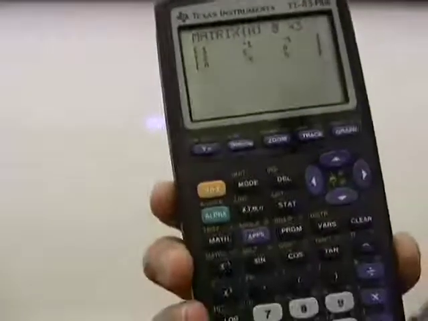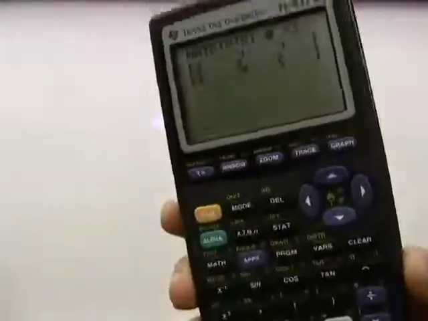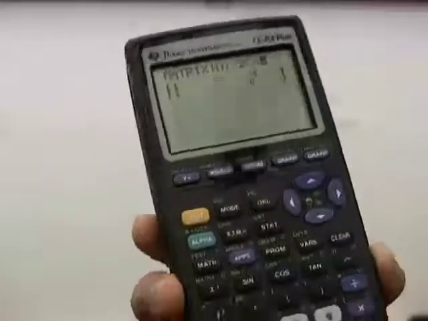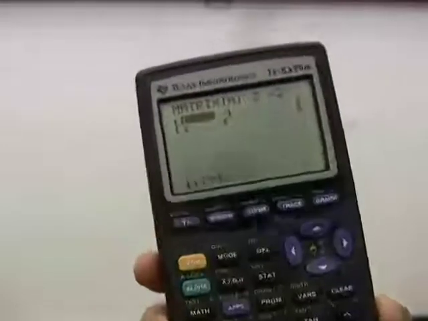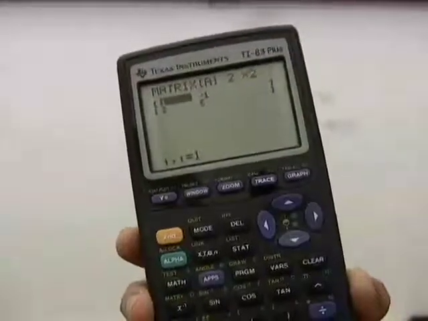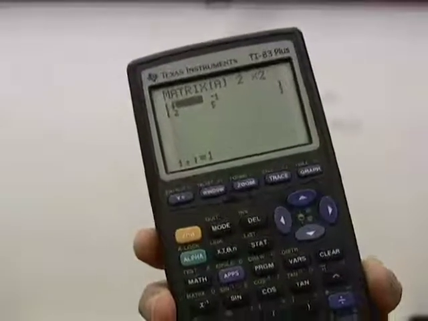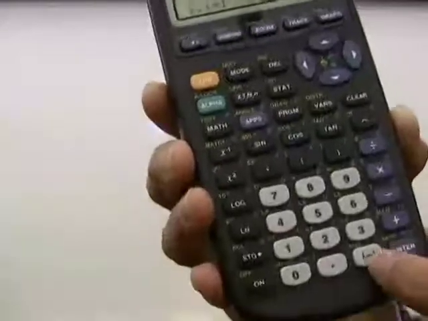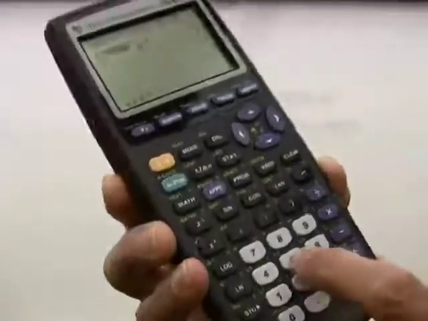So what you need to do is type in 2. Now where is 2? Alright, here. Type in 2, enter, 2, enter, and then 2, enter, and the cursor now comes in waiting for the numbers. What are the numbers? The first number is negative. Remember, the negative sign is down here. Negative 0.5.